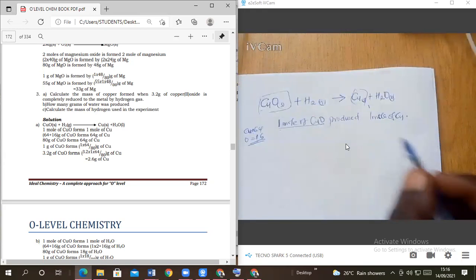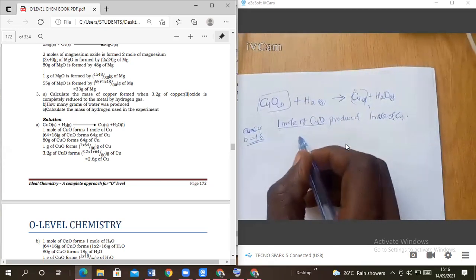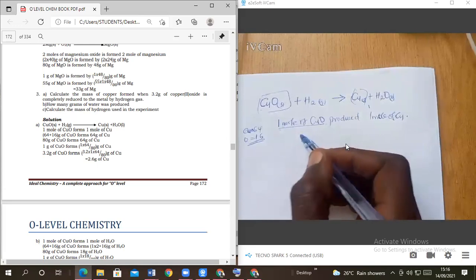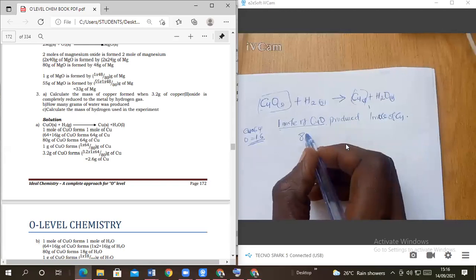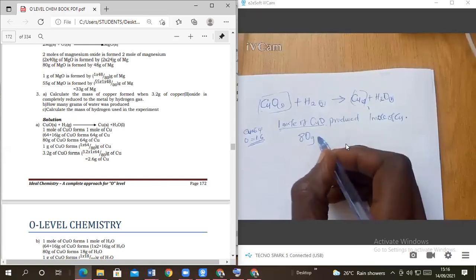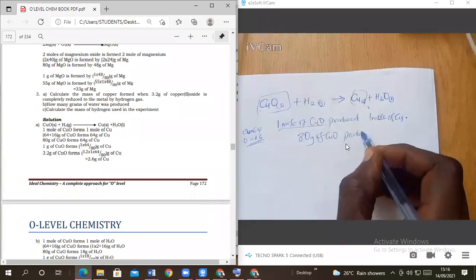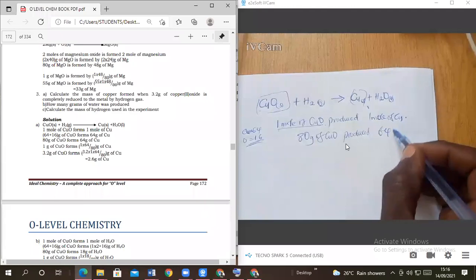How many grams? 80 grams. 80 grams of copper oxide produced 64 grams of copper.